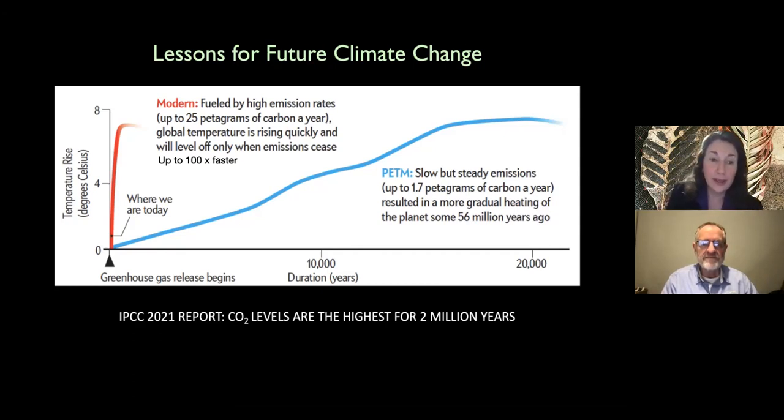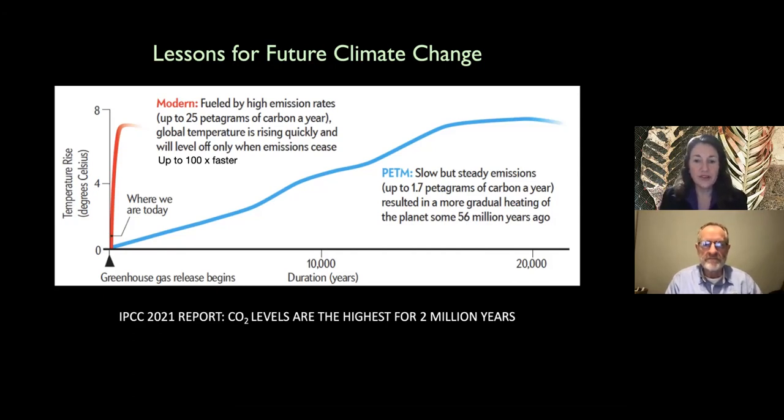And so you can compare that with what we are doing today. This is in the red, the modern, fueled by high emission rates. We're seeing global temperature rising very, very quickly, and already seeing 1 degree of warming. It will increase to 2 degrees of warming over a mere 200 years. And so we really need to focus on reducing this in the future.